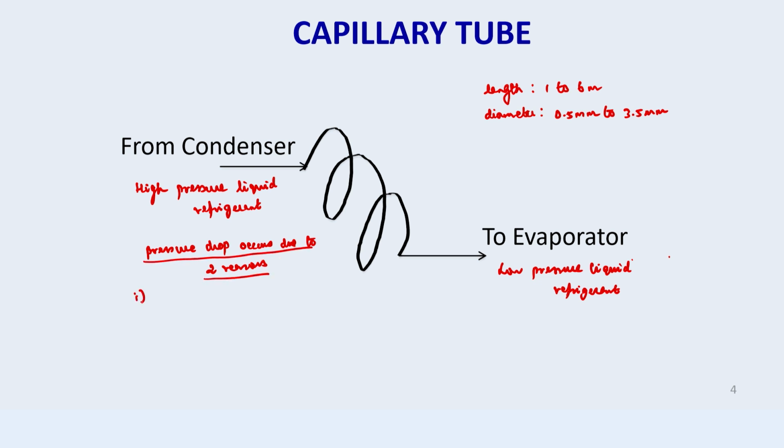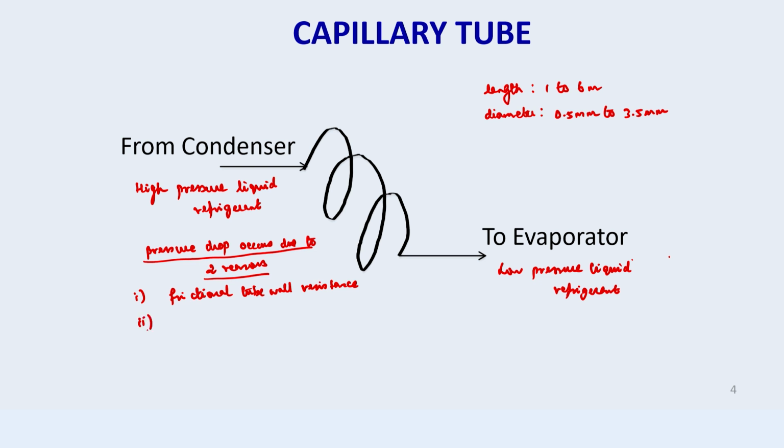The first one is due to the frictional tube wall resistance. The working fluid has to overcome the tube wall resistance due to friction.